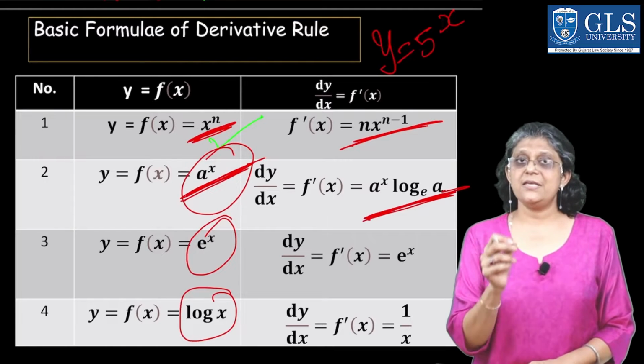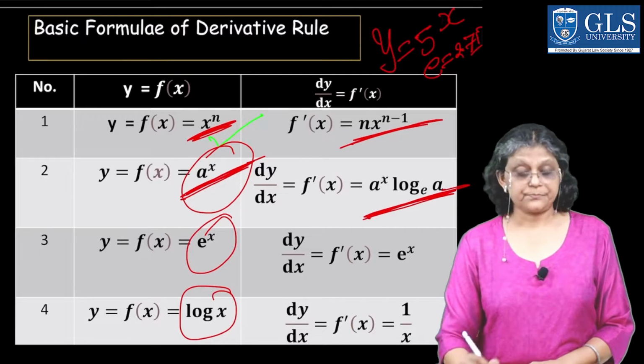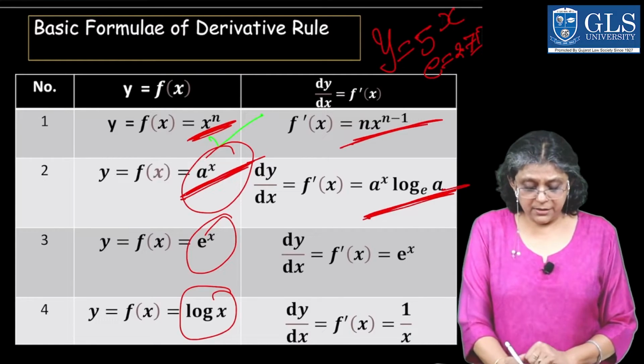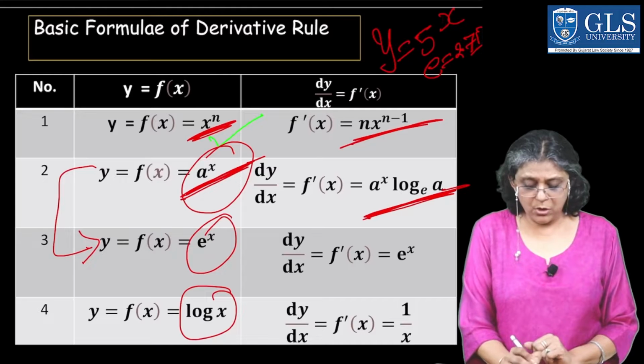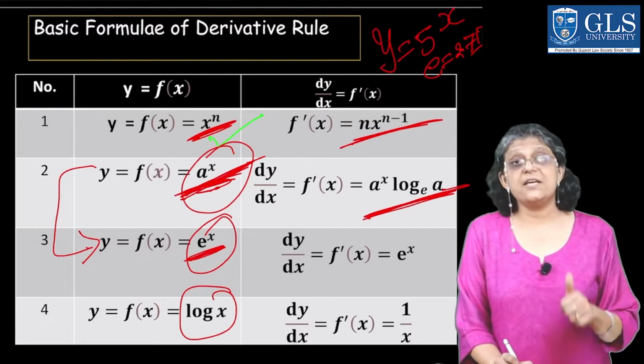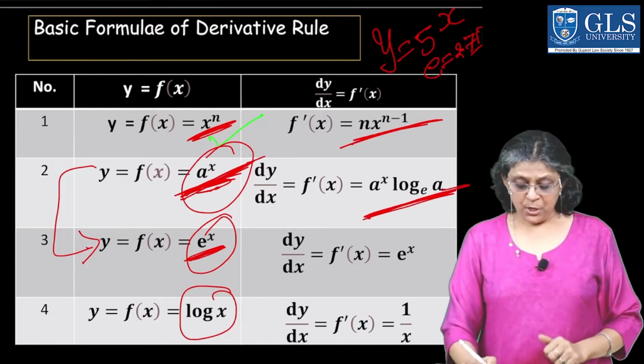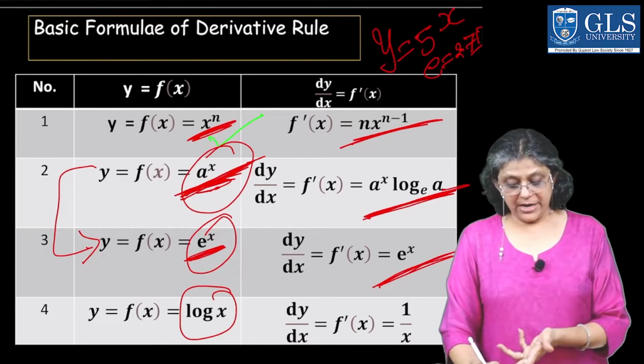So when e is there, you need to understand that e is nothing but a constant. Yeah? So again, these both formulas are more or less similar. यहाँ पे कोई भी number होगा, यहाँ पे सिर्फ e होगा, but the power is x. Clear?